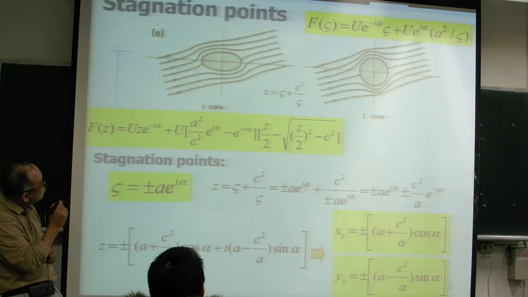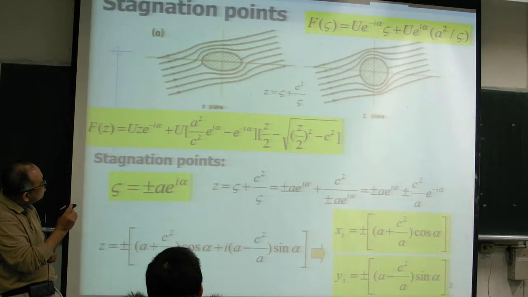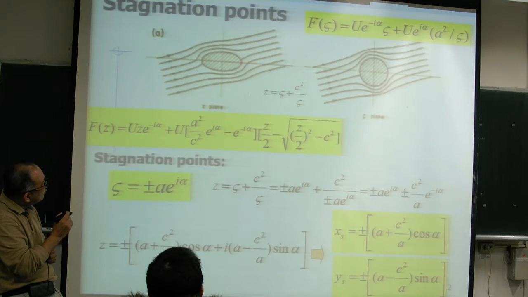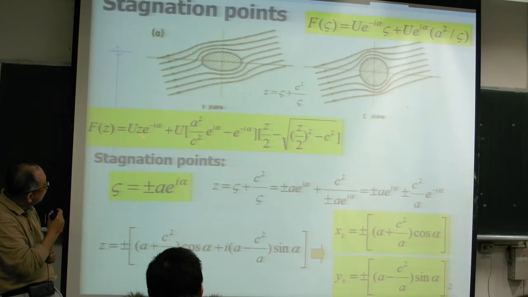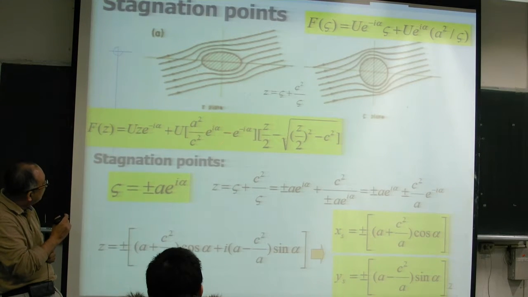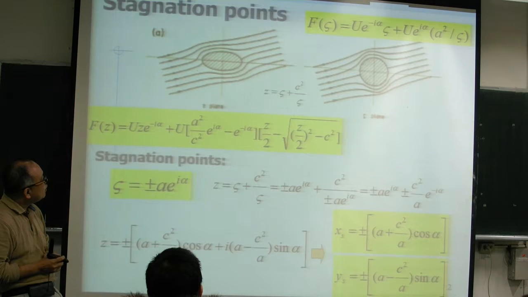Through the Joukowski transformation, using this mapping function, we can convert to the flow over an ellipse with angle of attack alpha. So this complex potential will represent the flow over the ellipse with angle alpha. That's how we did before.